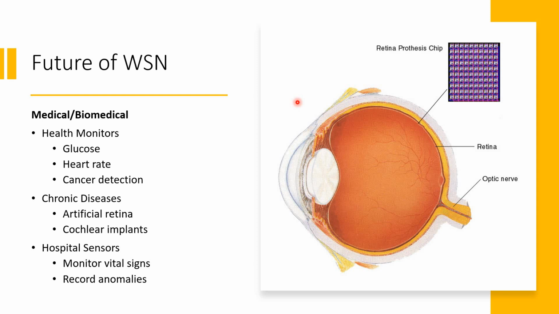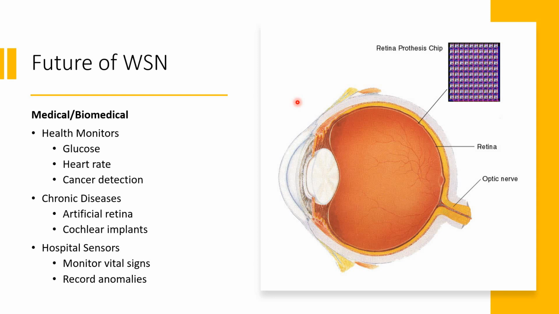Wireless sensor networks can also include solutions to problems like various chronic diseases, like the artificial retina. For example, if you have a problem in your eye and you cannot see, then an artificial retina can be deployed. Why is this a wireless sensor network? Because the artificial retina is something which has to sense the light, right?